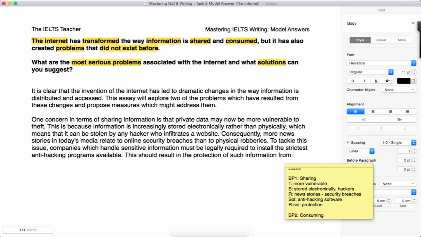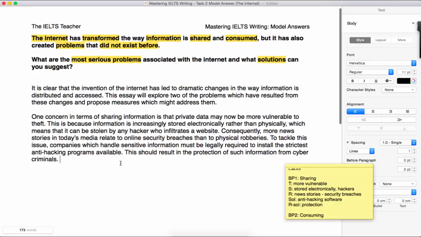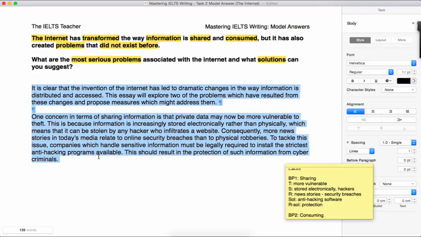From hackers. Another expression we could use would be cyber criminals. And that should lead to the end of the first body paragraph. We have a quick check on the word count here. We're on 135. That's not too bad. So 270 will keep it within that 10% increase limit that we try and stay within. So we can end that first half of the essay there.